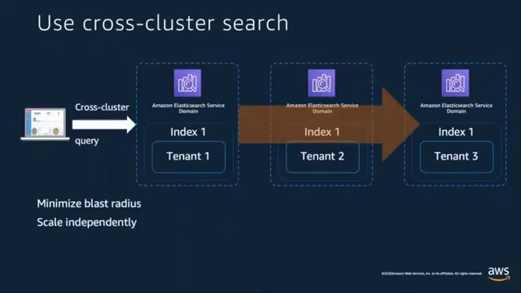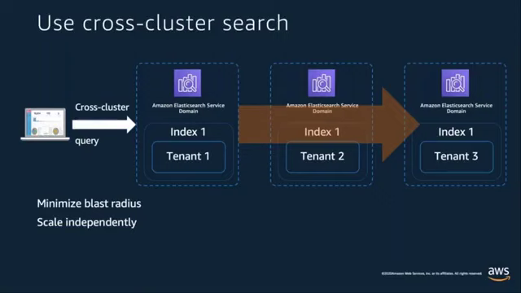And then finally, when we get to the really high end, we recently launched support for cross-cluster search. What this lets you do is join multiple clusters, and you can send a query that spans across multiple Amazon ES domains.